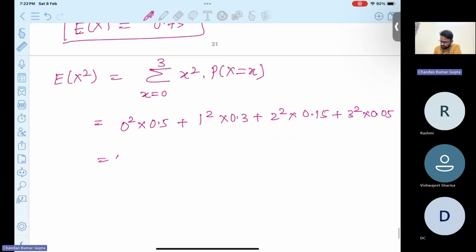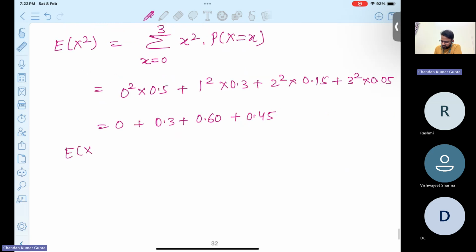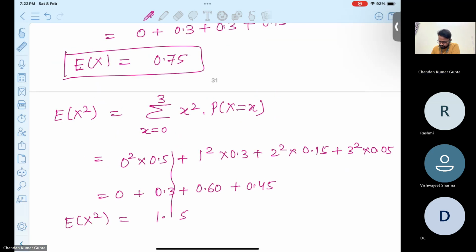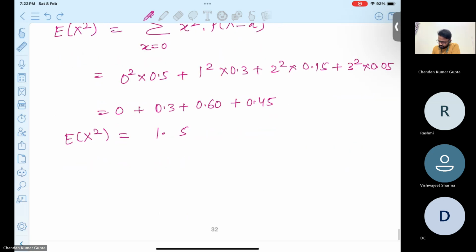Okay, this comes out to be 0 plus 0.3 plus 0.60 plus 0.45. So expected value of x square is, oh, sorry, 1.35. 1.35 is the expected value of x square.